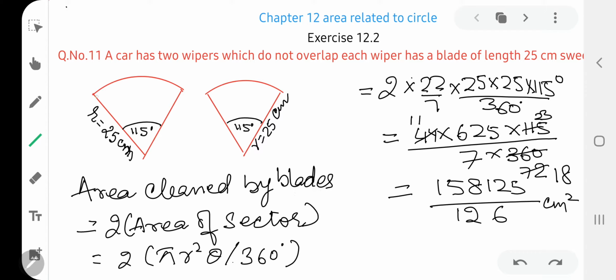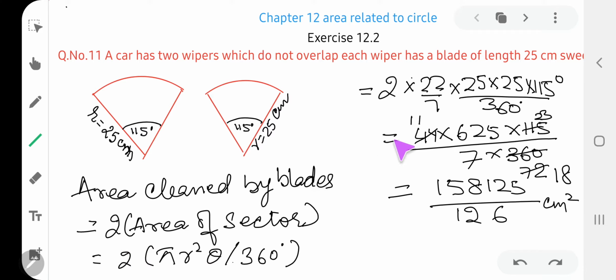So area cleaned by one blade is equal to one sector. Area cleaned by two blades is equal to area of two sectors. So that means area cleaned is equal to 2 times area of the sector. All of you know that the area of sector is given by pi r square theta divided by 360 degree, and it is to be multiplied by 2 because there are two sectors.